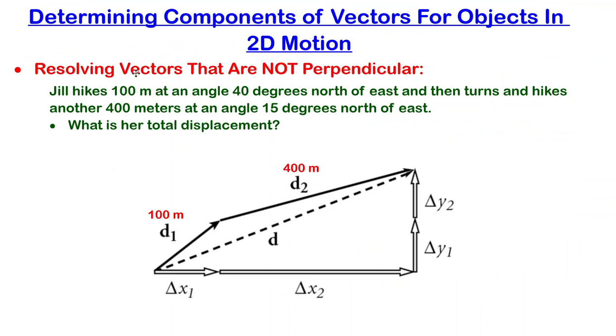Okay, so here we are going to want to start by solving for x1, and then we need to put in the angle. So this is 40 degrees right here, and then y1 is over here, but I want to draw it here for these purposes. So this is y1 right here, and then we know that's 100 meters.